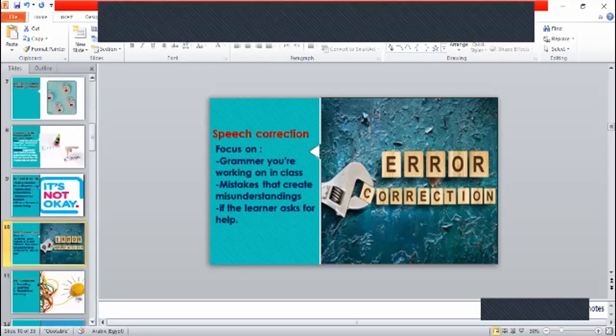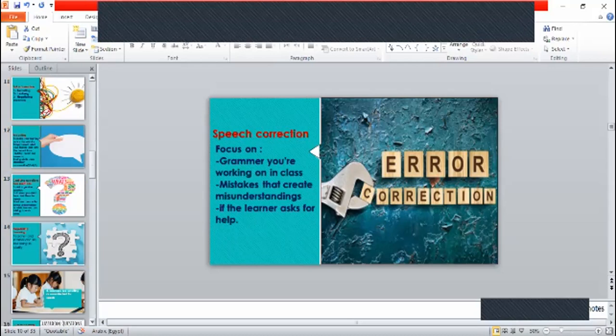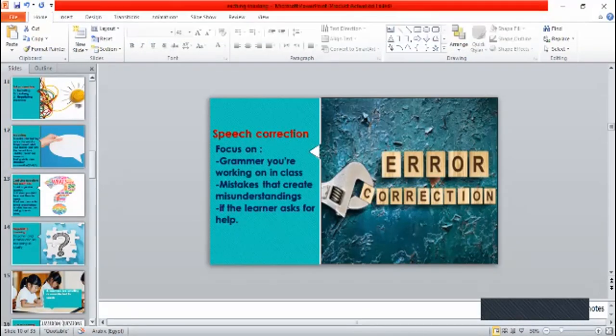Let's move to another point, which is the techniques, how to correct my students. Again, we have a title, which is the students who are making mistakes. We know the difference between errors and mistakes, and we know some situations when it's not a good idea to correct.